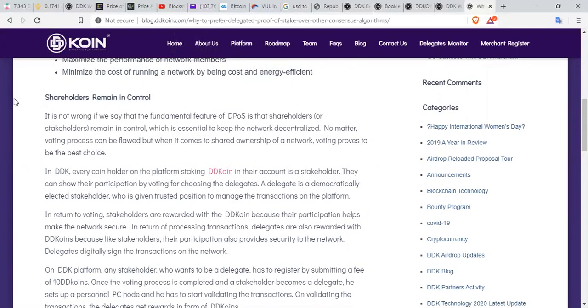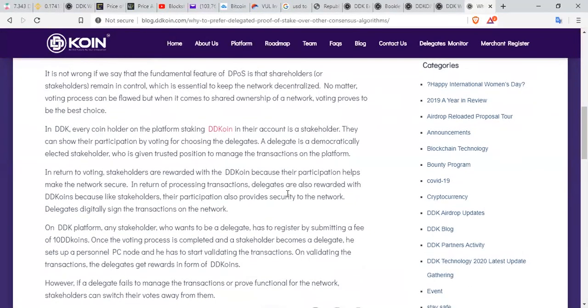DDKoin is a very decentralized type of cryptocurrency. So the stakeholder has all the freedom on what he would want to do with this asset pertaining to DDKoin.